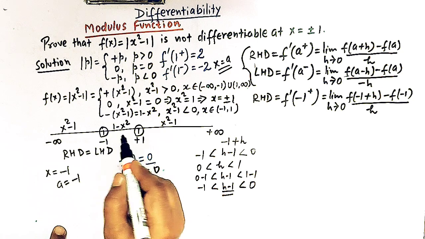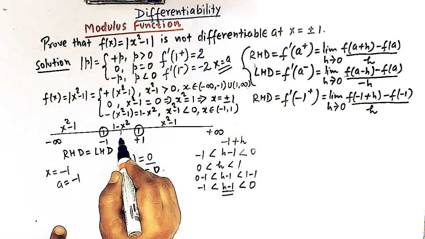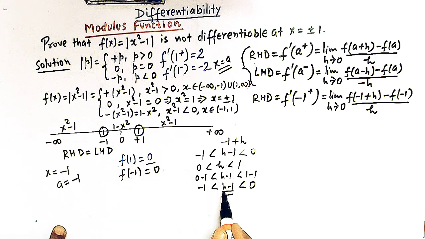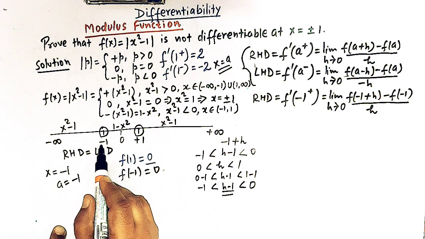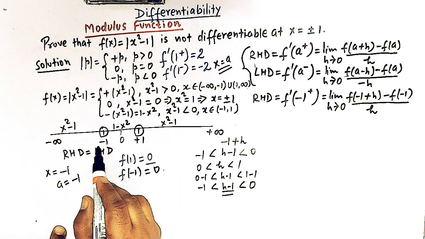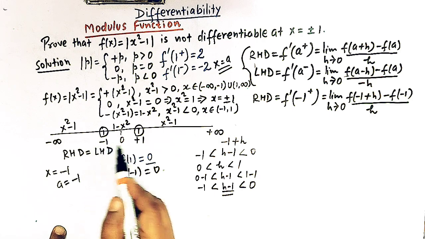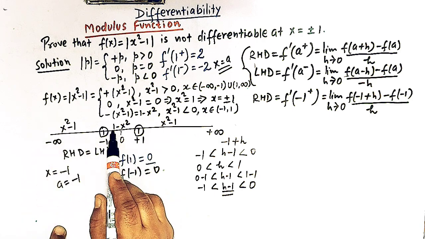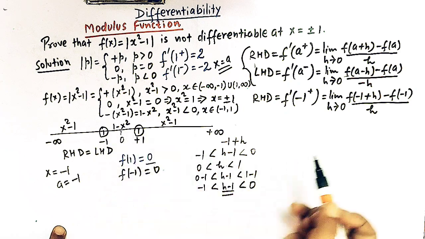So here we have 0 somewhere between minus 1 and 1, right? So h minus 1 lies within this interval, that is from minus 1 to 1, and the form of the function f of x is 1 minus x square, right?